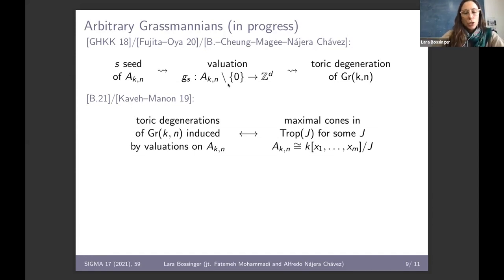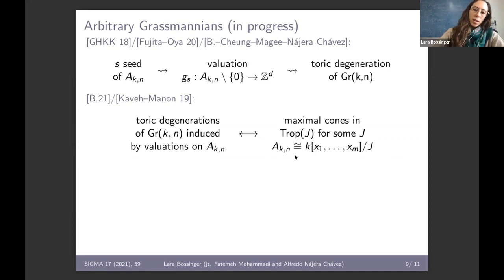The idea is to consider the image of this valuation, that's by definition a semigroup, and then represent the algebra as a quotient of a polynomial ring where the polynomial generators are in bijection with generators of the image of the valuation.